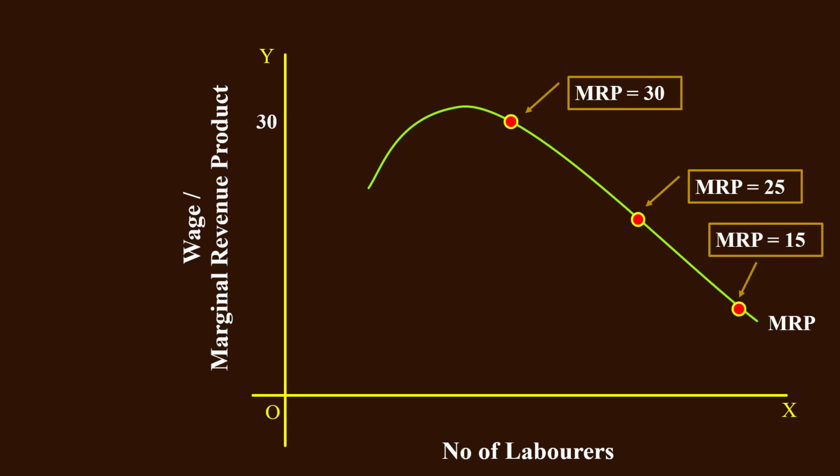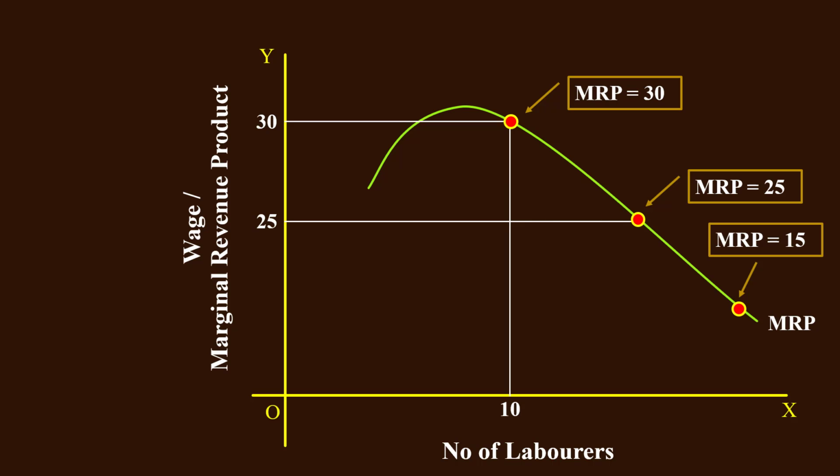To begin with, the wage is 30 rupees. He equates wage with marginal revenue product and employs 10 laborers. If the wage falls to 25 rupees, he equates it with marginal revenue product and employs 20 laborers.